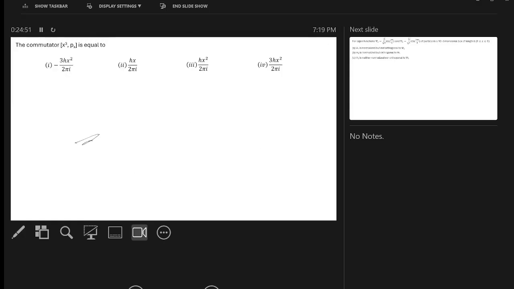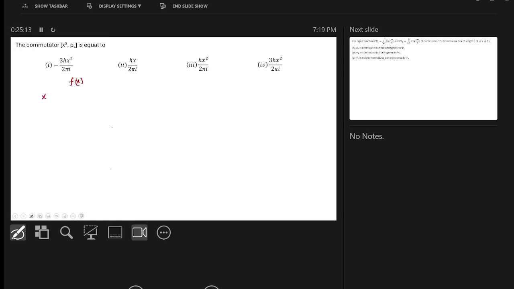Now the next question. The next question is this one, on the commutator. Let's take some function f(x).